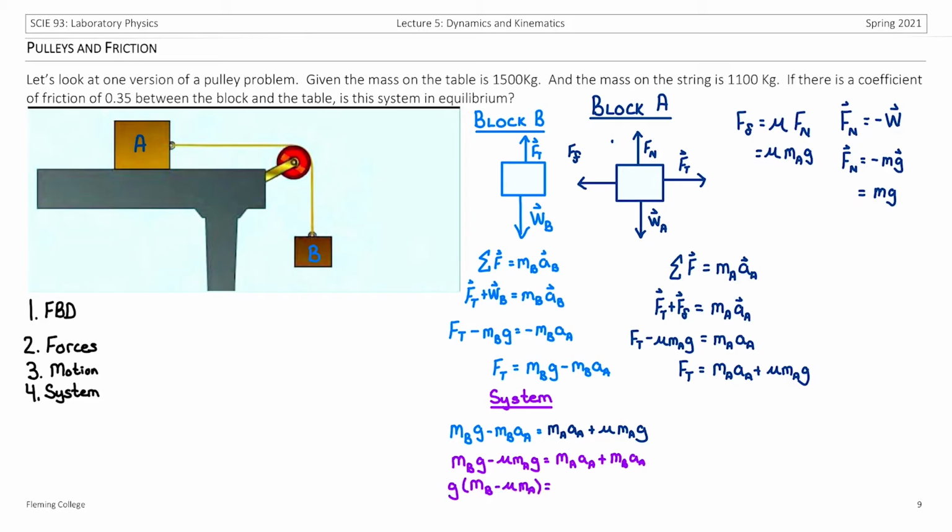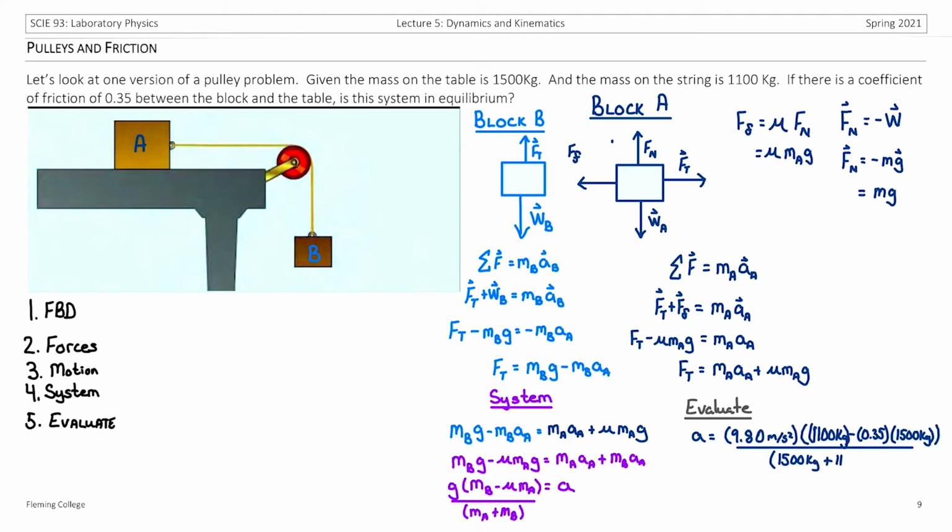And apply our factoring step so that we can isolate A. And we'll see that we have an equation with one unknown now, so we can switch over to our evaluate step. So substituting all our values and calculating, we get positive 2.167307 and a few more pieces of information.